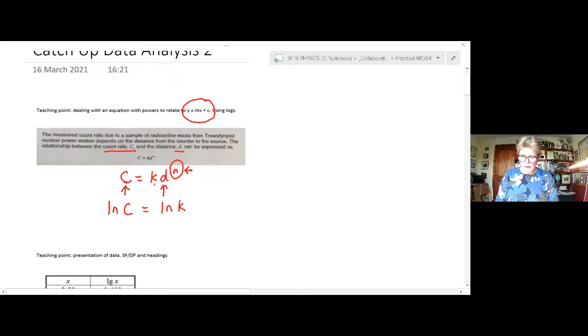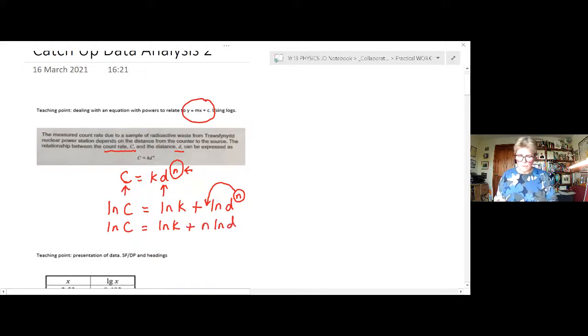Now, when we are logging a multiple, then we add those two log quantities when we do it. So log d to the n, but this n here comes back down to ground level and we times it by the log d. So we get log c equals log k plus n log d.